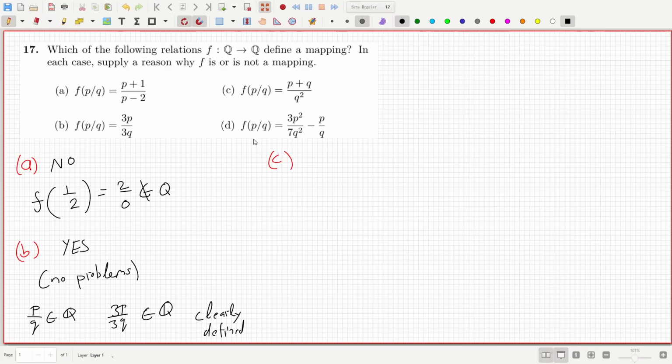Okay, C. f of 1 over 1 would be 2, because it'd be 1 plus 1 over 1.